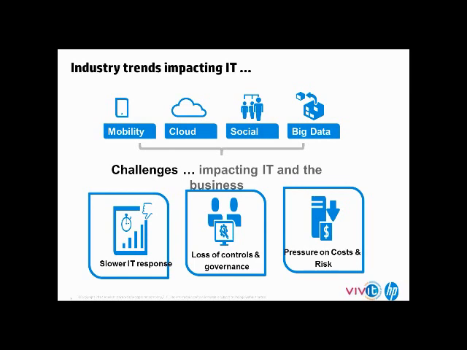Today we would focus on some of these challenges and see how server automation could possibly address them. So let's further drill down on some of the challenges in the next slide.